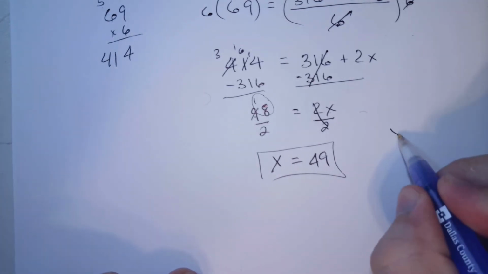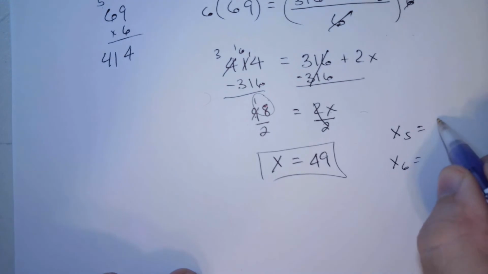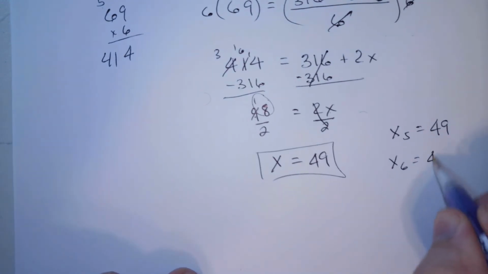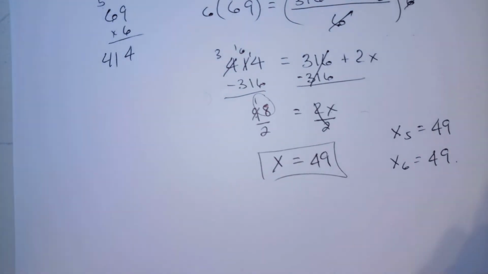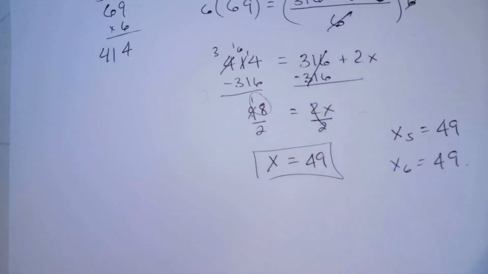So exam 5 and exam 6 were both 49s. Alright, so that's one way we can use the formula of averages to find out what we need. Right? So get the other 2.